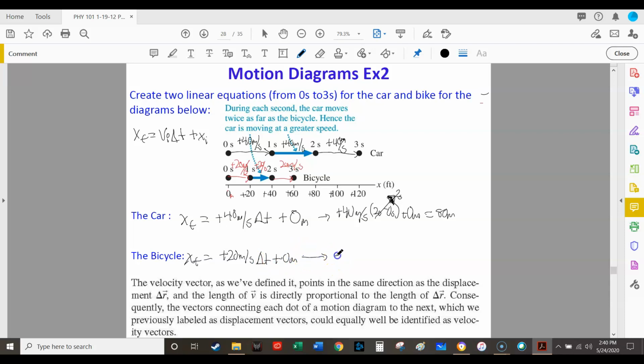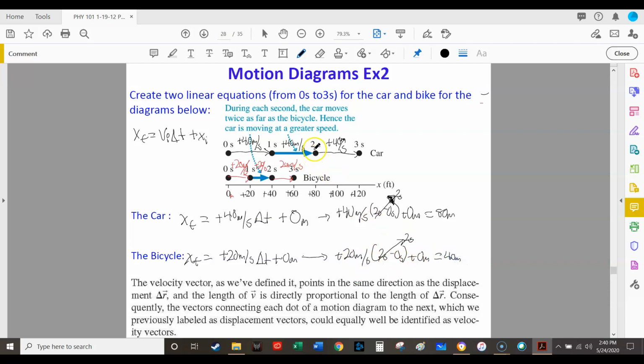Let's make sure this works out. Again, 2 seconds mark minus 0 seconds mark is just 2 seconds. 2 seconds times 20 meters over 1 second is 40 meters plus 0, which is going to be at the 40 meter mark.